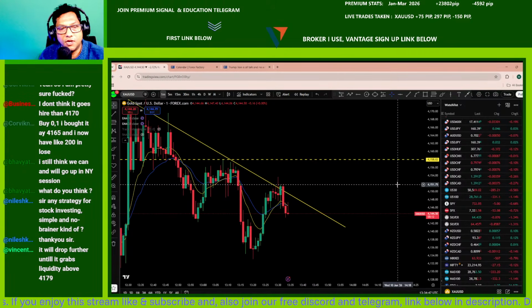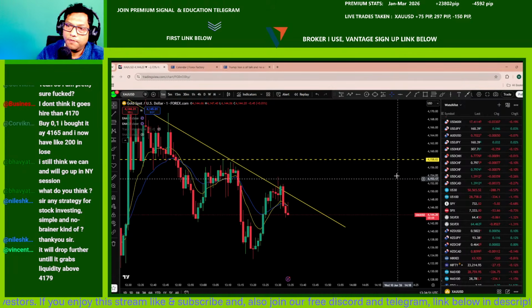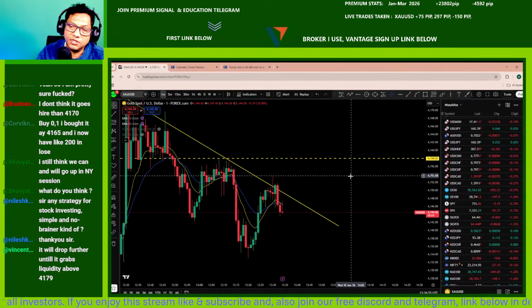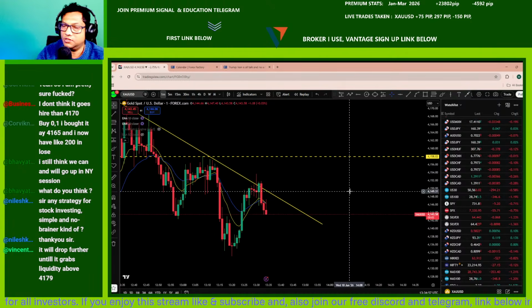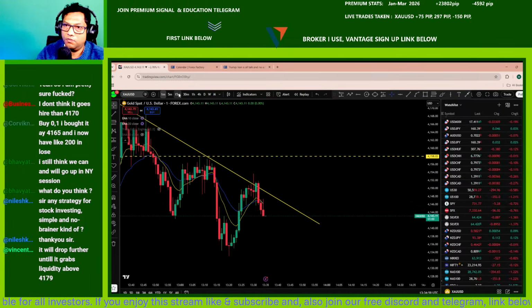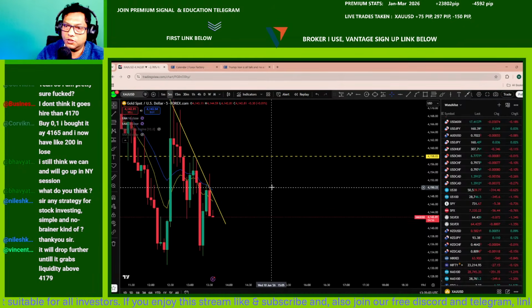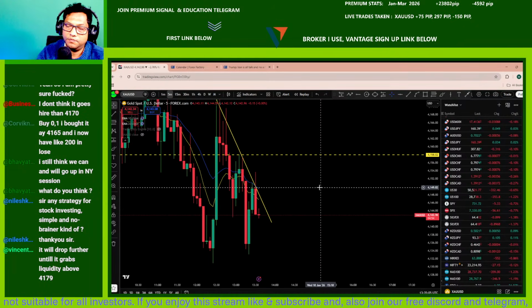It will drop further until it grabs liquidity above 4179. Here the market structure shows it is still in a bearish trend that you can see in this area overall. Okay, so you could see the market is in a downtrend.